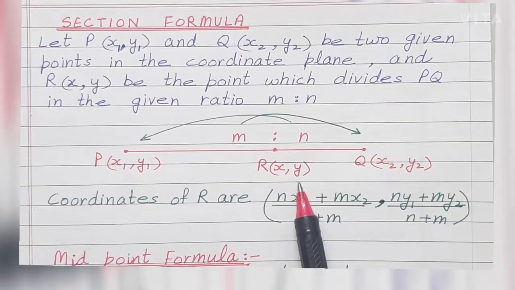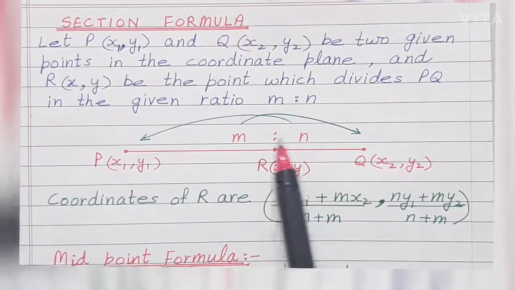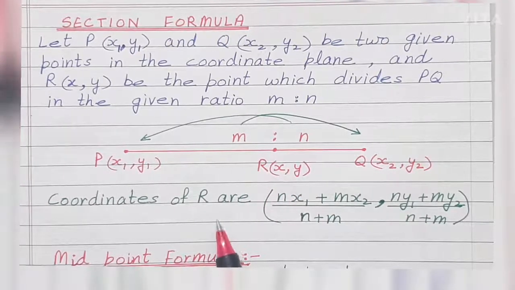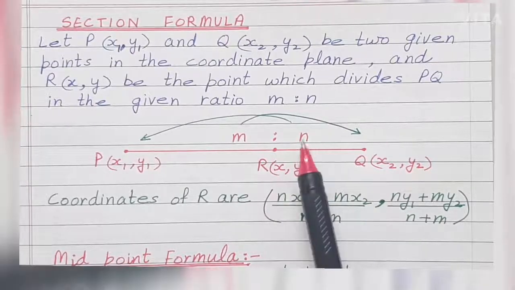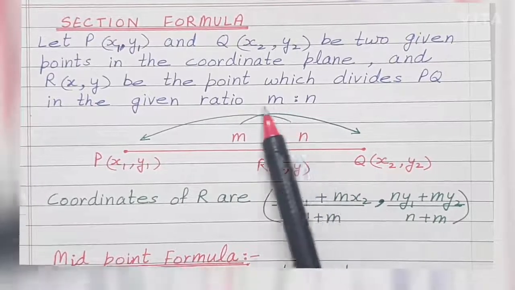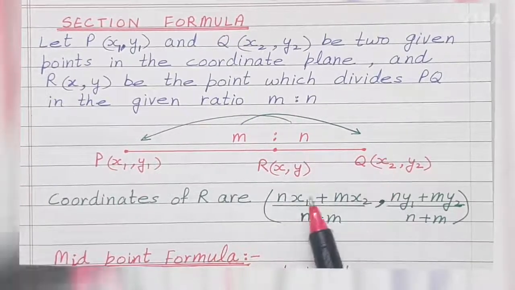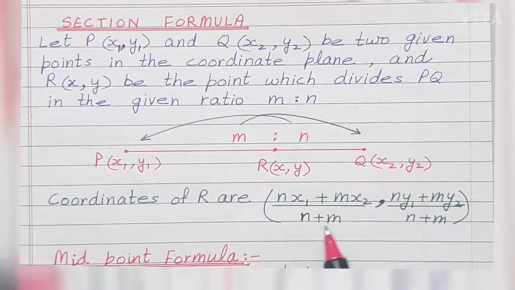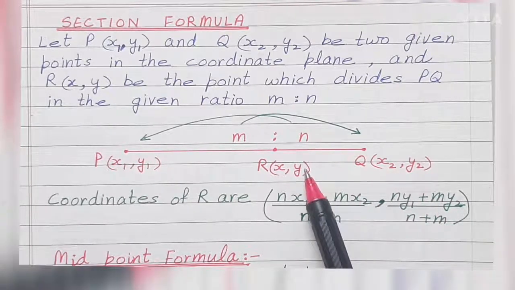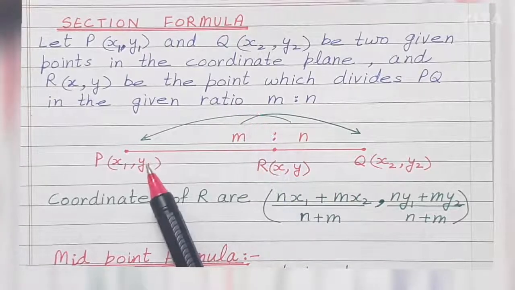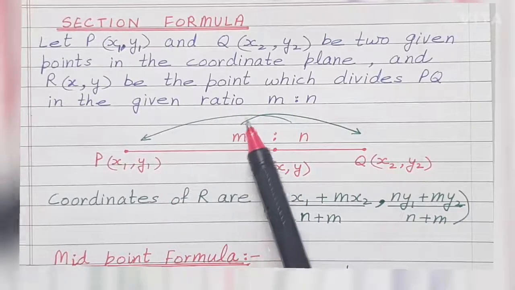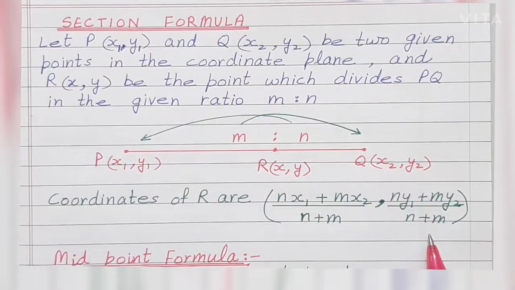So in this case, how to find the coordinates of R? x will be equal to n into x1 plus m into x2 upon sum of ratio, that is n plus m. Similarly, for y coordinates, n into y1 plus m into y2 upon sum of ratio. So this is called section formula.